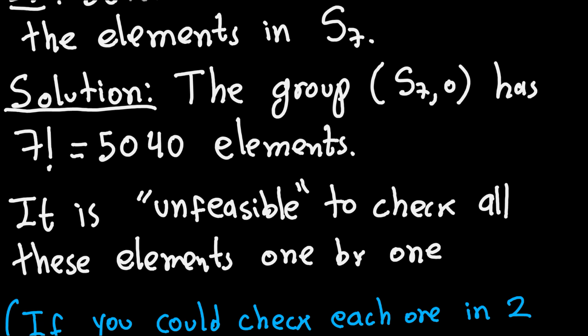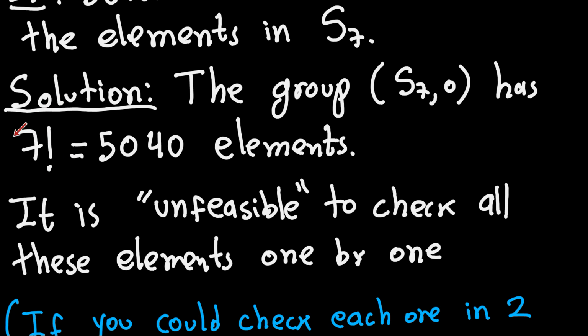This group of permutations of 7 elements, with the binary operation of composition, has 7 factorial elements. This is something we saw already in another video: the number of elements of Sn is n factorial. So in this case, it will be 7 factorial.